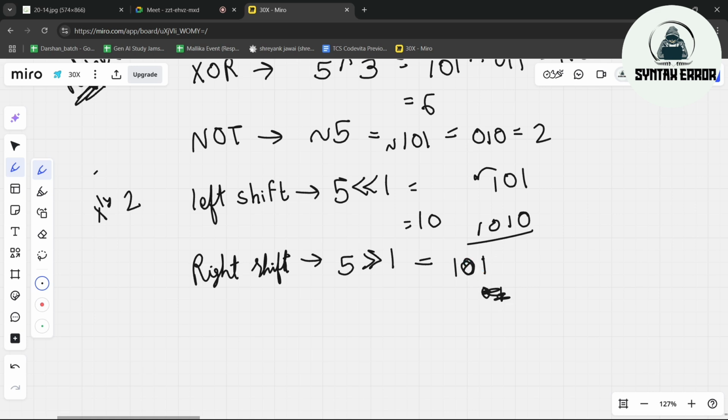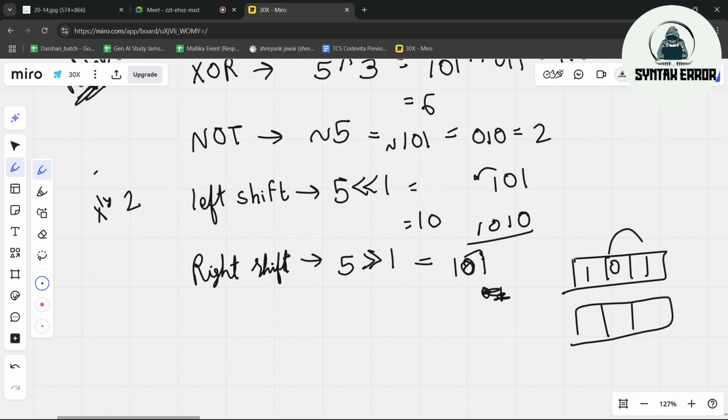Let me just show you in this format, then you will understand it. Okay, 1, 0, 1. You have to right shift. So we can't just create one more space here and dump it. So we have to eliminate this. We will shift this 0, we will shift this 1, and here we will just write 0. So what is 0, 1, 0? It is 2. So if we divide 5 by 2, we'll get 2.5, but the integer conversion is 2, right?